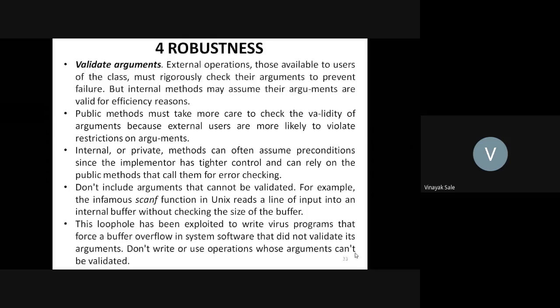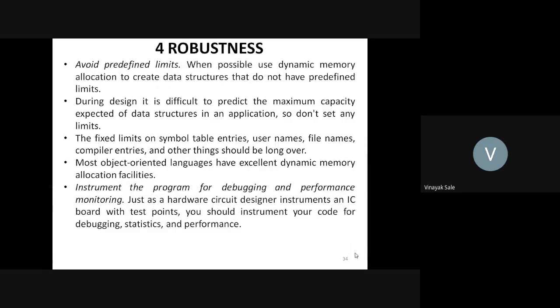So avoid predefined limits. When possible, use dynamic memory allocation to create data structures that do not have predefined limits. During design, it is difficult to predict the maximum capacity expected of a data structure in an application.